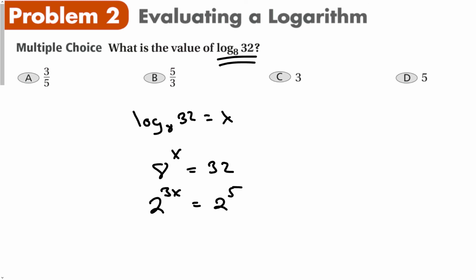Right? 2 to the 5th power is 32. 2 to the 3rd power is 8. And now these bases are the same. These exponents must be equal to each other. So 3x equals 5, and now I can divide out the 3. And so x is equal to 5 over 3. Okay? Not always that hard.